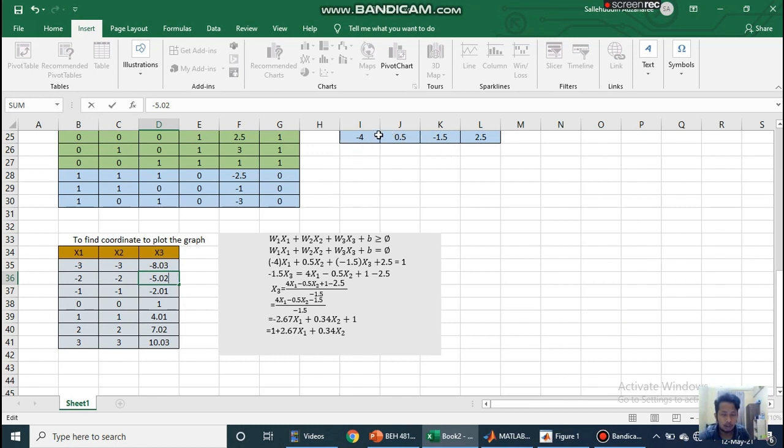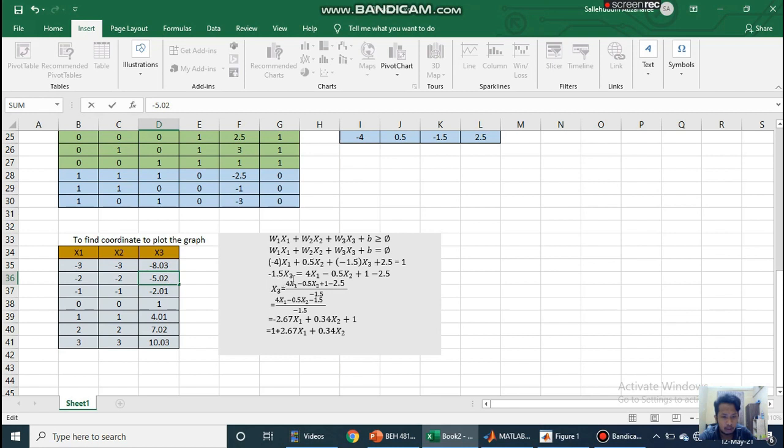We put the values: negative 4 x1 plus 0.5 x2 minus 1.5 x3 plus 2.5 equal to 1. We move this 2.5 to the right side.